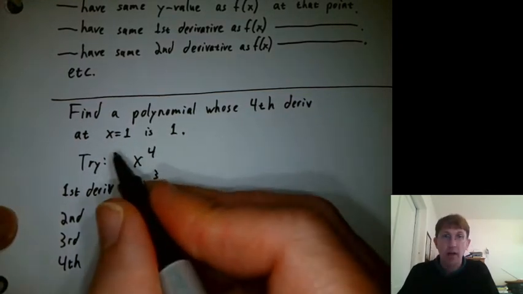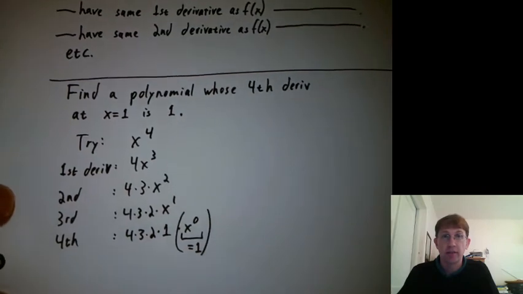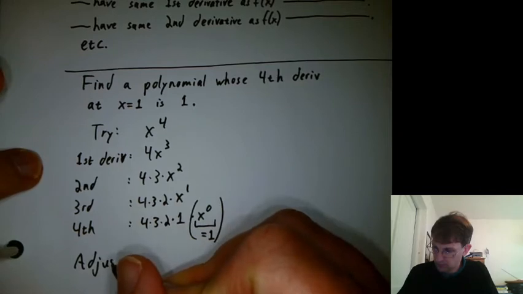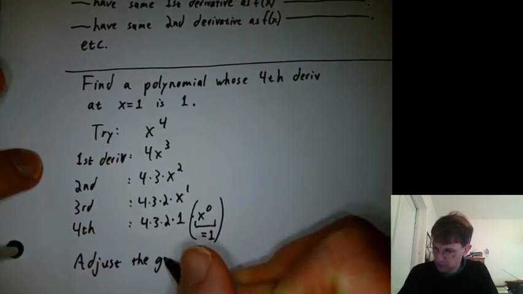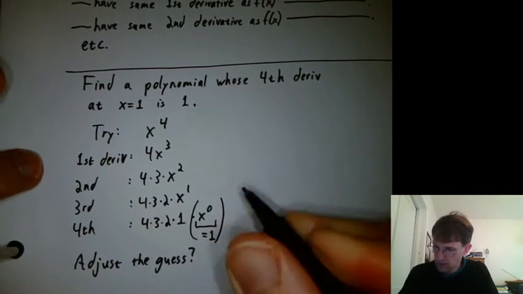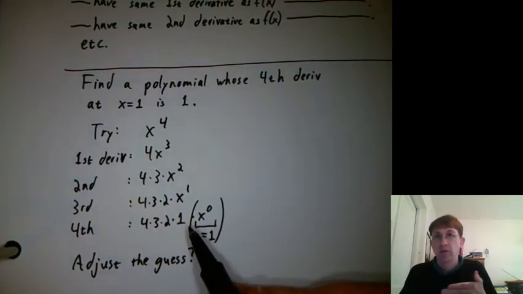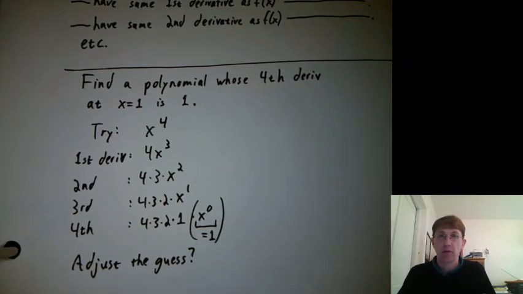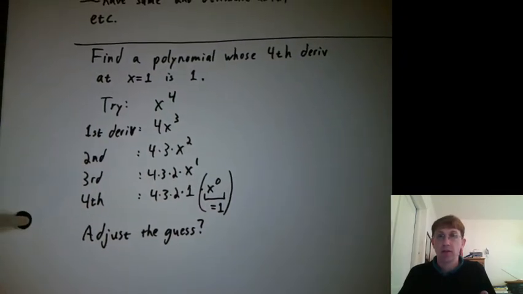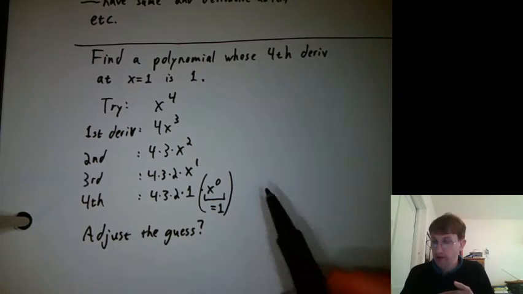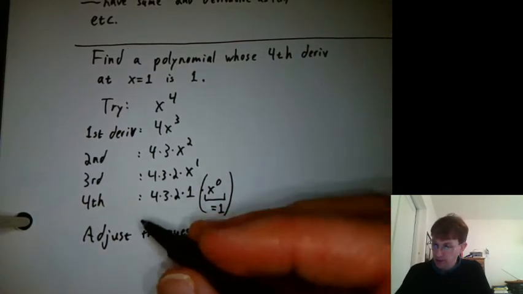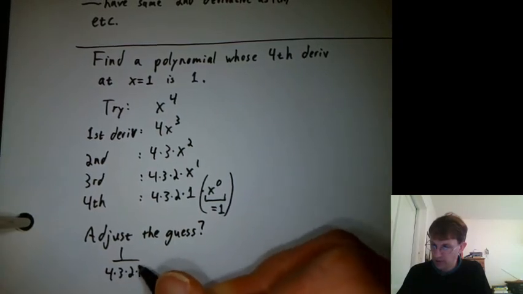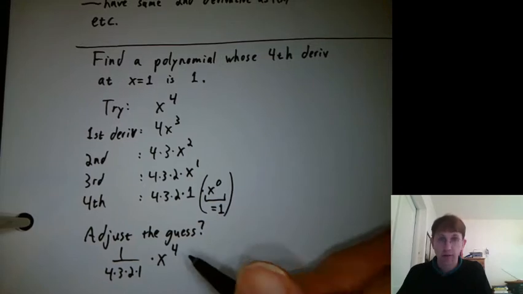So can we adjust our guess to give us the fourth derivative we want? The derivative we got was 24 times too big compared to what we wanted. So what we could do is make it 24 times smaller than what we started with, and then maybe it would end up at the right place. So we could say, how about 1 over 4 times 3 times 2 times 1 times x to the fourth.